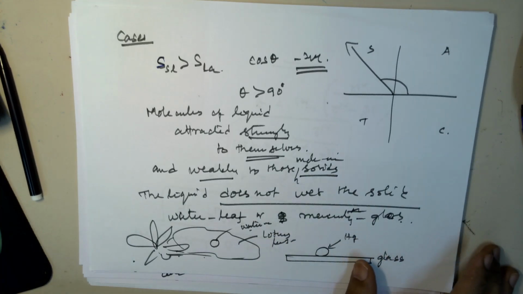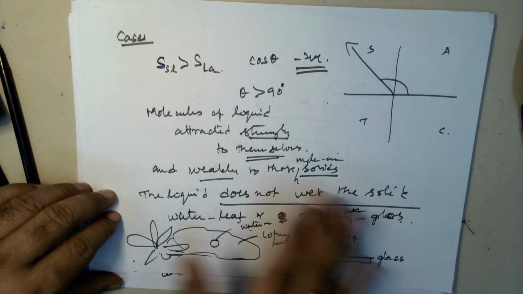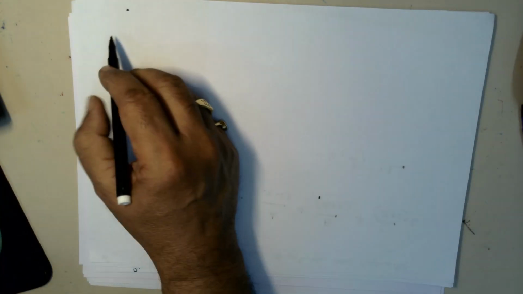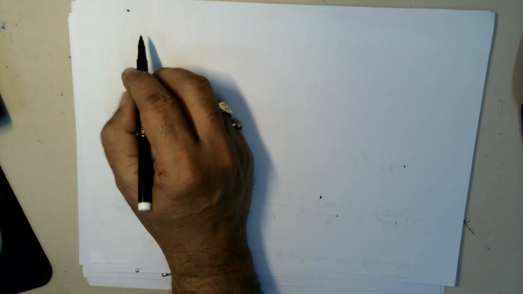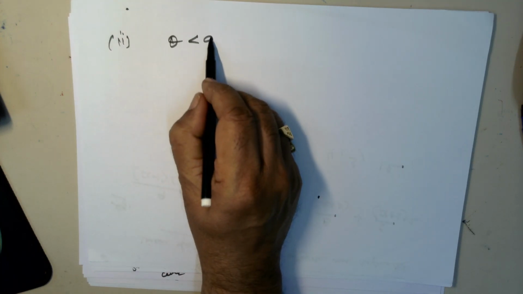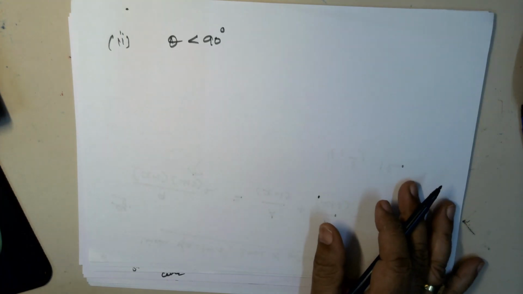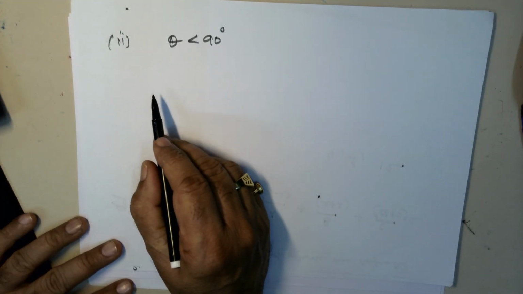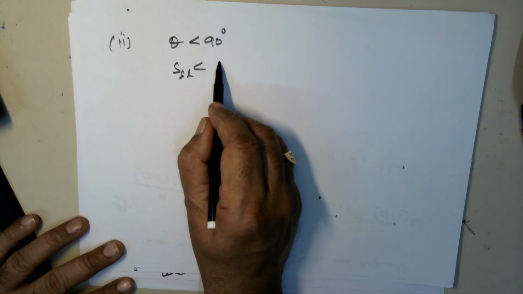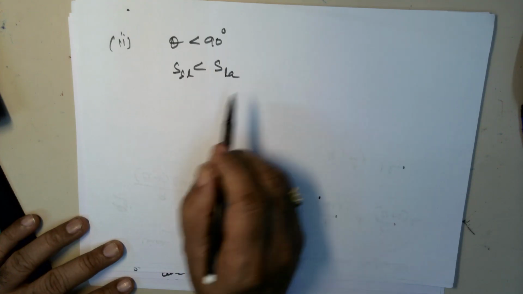So they may ask this question, why it appears. So you have to write down all these points as angle of contact. Then the other case is acute. So theta is less than 90 degree. In that case, SSL is less than SLA.